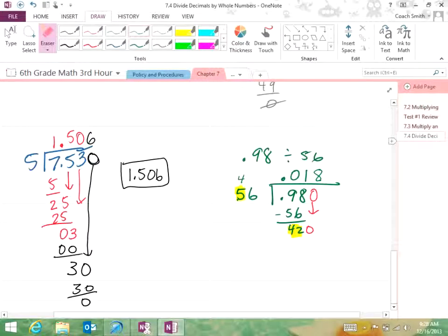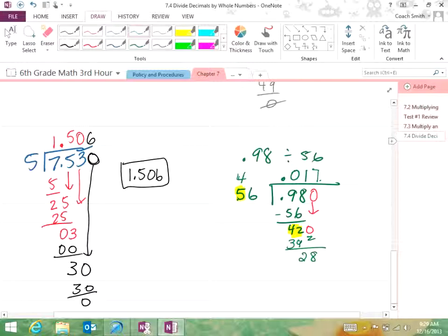So I drop it down to 7. Seven times 6 is 42. Carry my 4. That would be 392. And that's a remainder of 28.